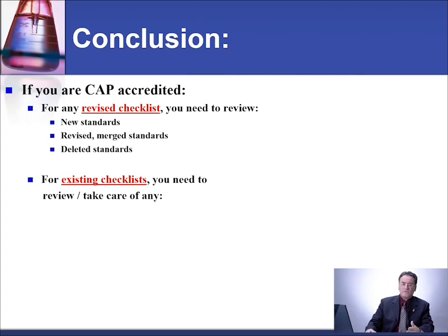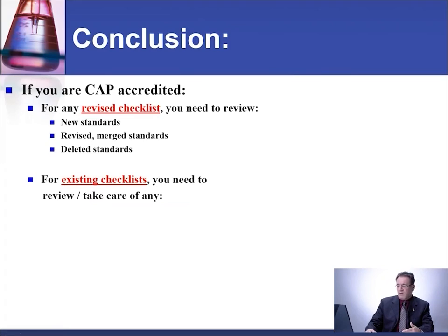If deleted, you don't need to worry about it anymore. You just get rid of it. You don't need to comply with it anymore. So that's for the revised checklist, the new edition checklist. Usually CAP comes up with a revised checklist every year.